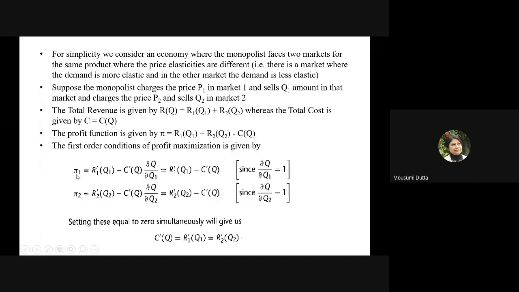Okay, this is not the profit in the first market. This one is for partial. So if there is any confusion, please write it as del pi by del Q1. Okay, this is del pi by del Q1. This is del pi by del Q2. I am writing 2.